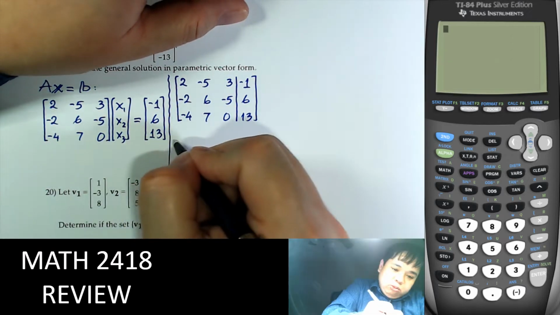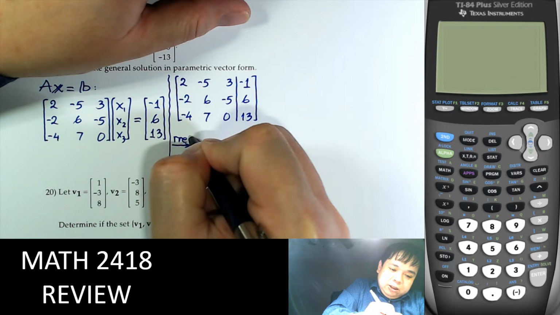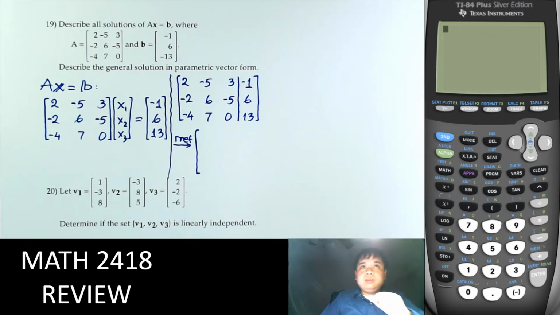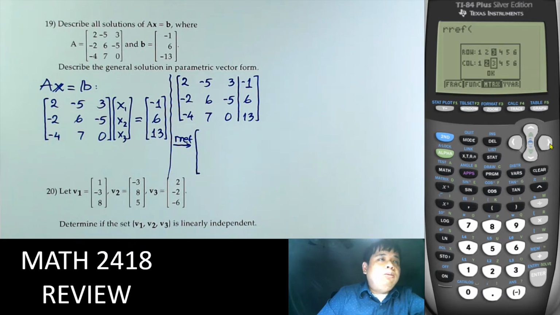We just need to do the reduced row echelon form for that. Three rows, 4 columns. Okay.